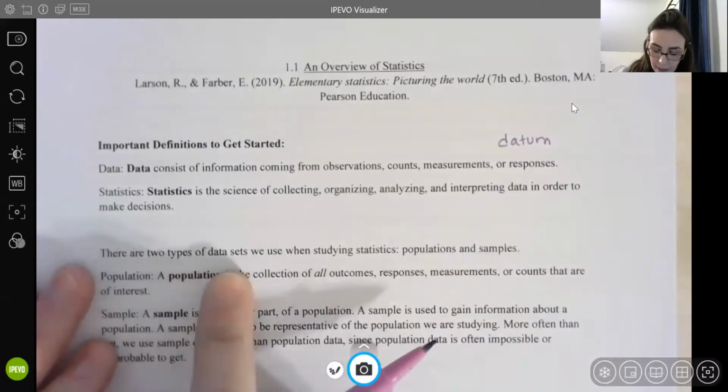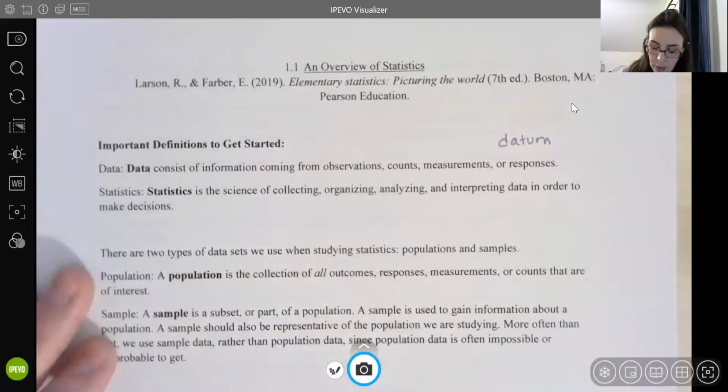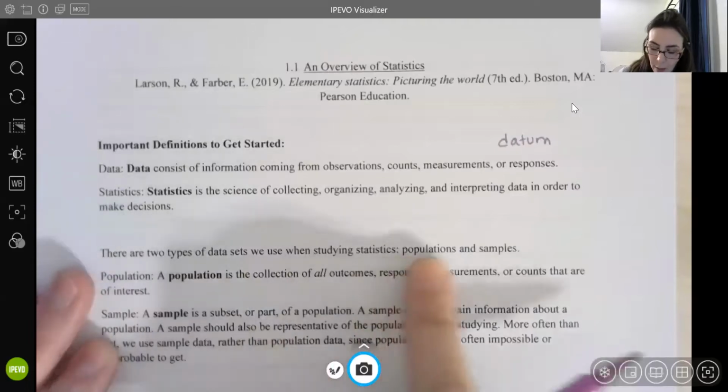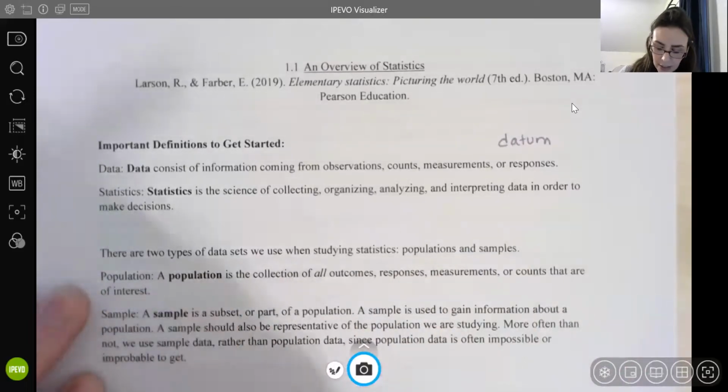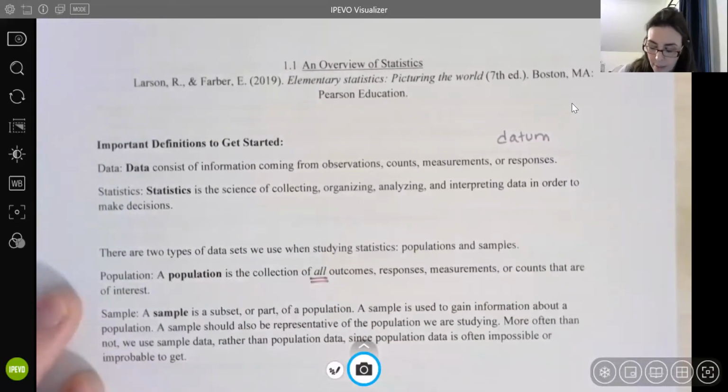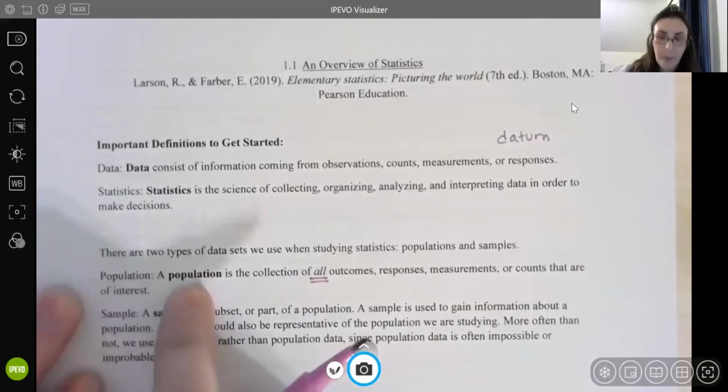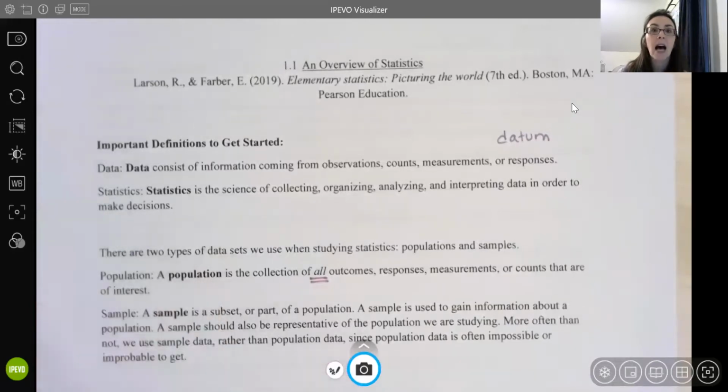There are two types of data sets we study when we're studying statistics. Those are populations and samples. A population is the collection of all outcomes, responses, measurements, or counts that are of interest. So if you're looking at population data, it means that you have, let's say, surveyed or got data on the entire population.